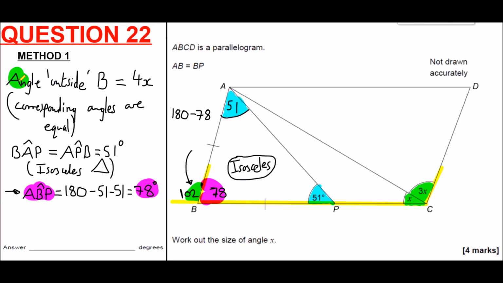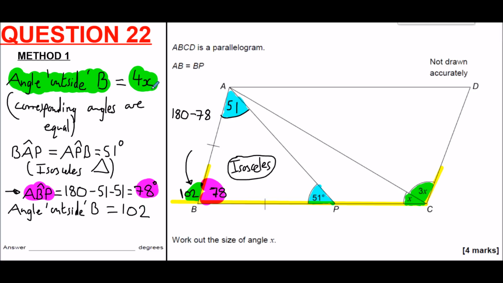So the angle outside B, which I mentioned before, which equals 4x, is 102 degrees.